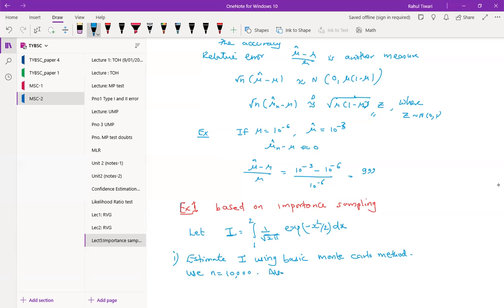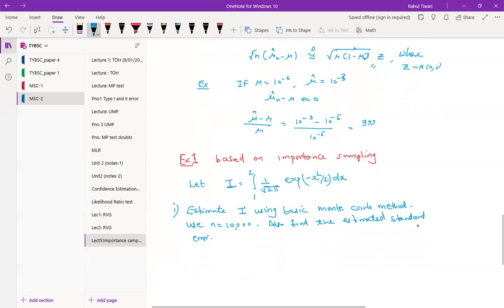Also find the estimated standard error. So we are interested to also obtain the standard error for this. Obviously, to obtain the standard error, we require the mean of this. Okay, this is the first part.